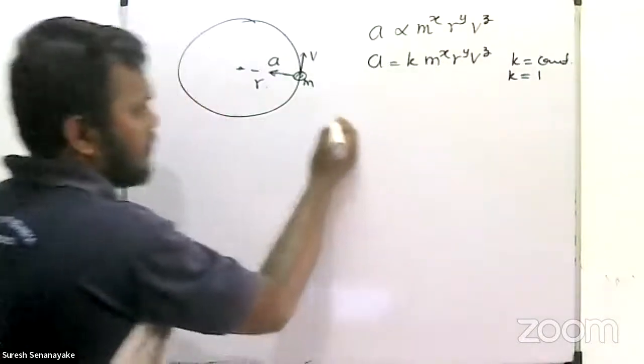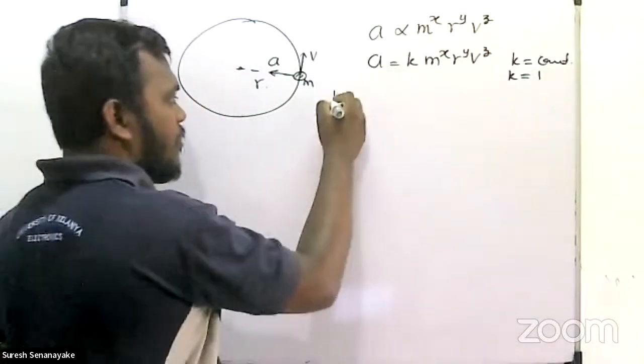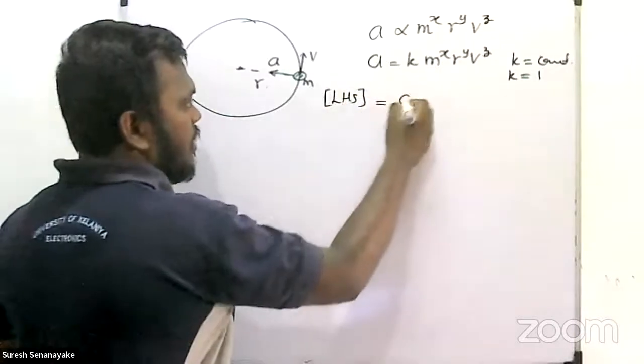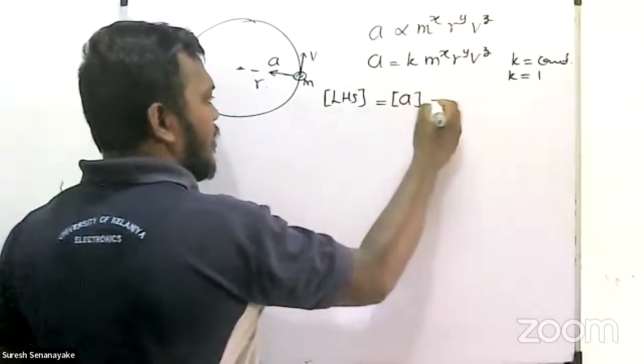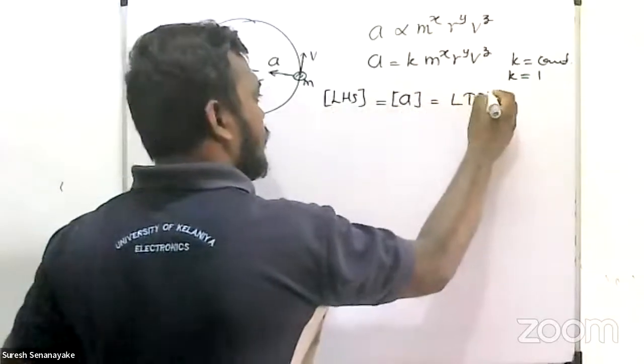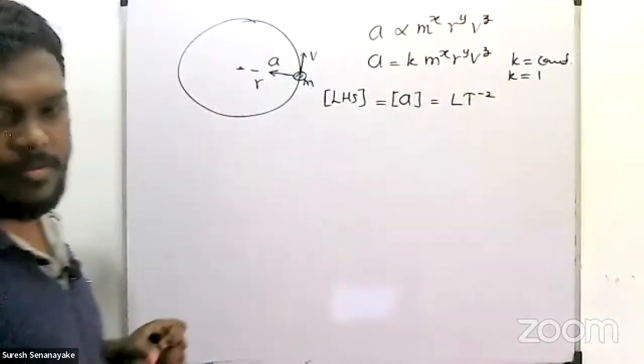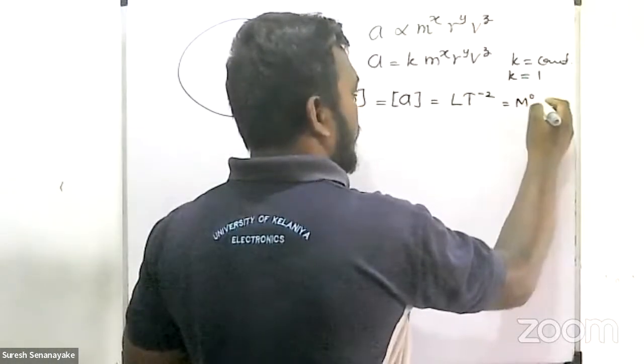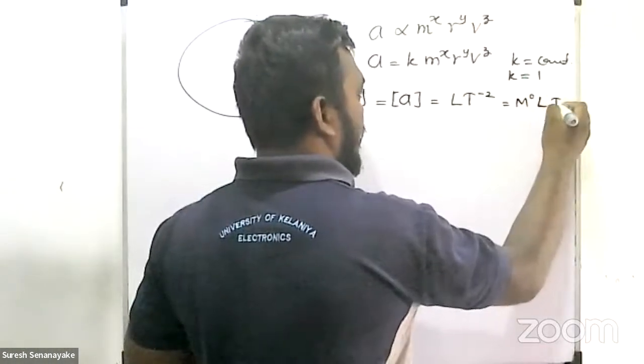Considering the dimensions, first the left hand side: the dimension of acceleration is L T to the minus 2. I'll write this as M to the 0, L to the 1, and T to the minus 2.